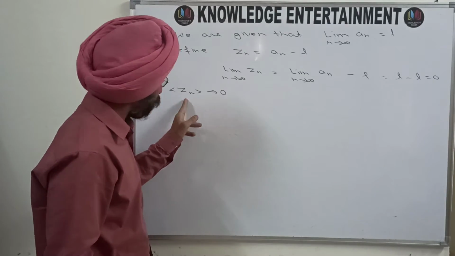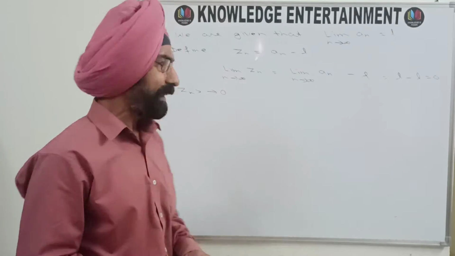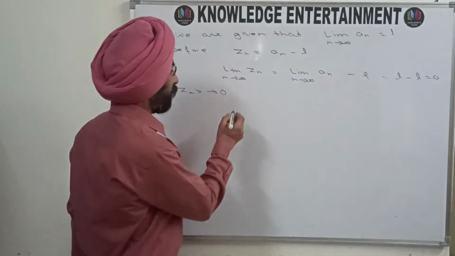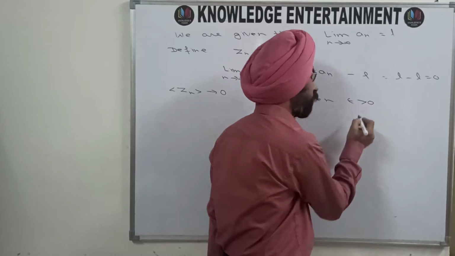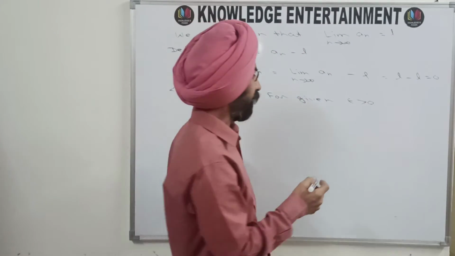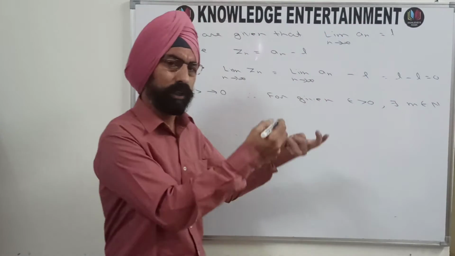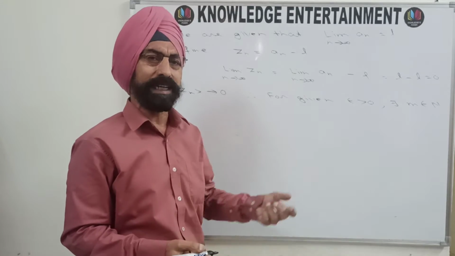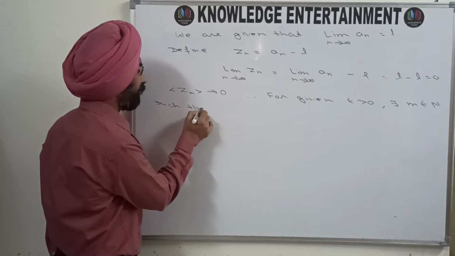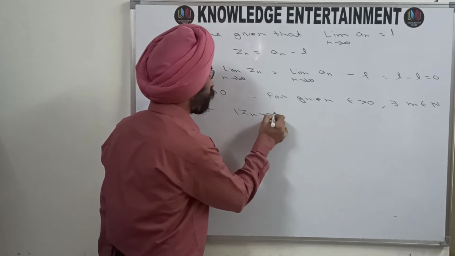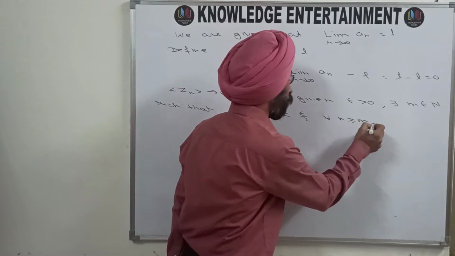Now, your sequence Zn converges to 0. And what is the definition of convergence? Now we will apply it. Since the sequence Zn converges to 0, therefore, for given epsilon greater than 0, however small, it is a positive number, however small, there exists some natural number m, belonging to the set of natural numbers, such that mod of Zn minus 0 is less than epsilon by 2 for every n greater than or equal to m.